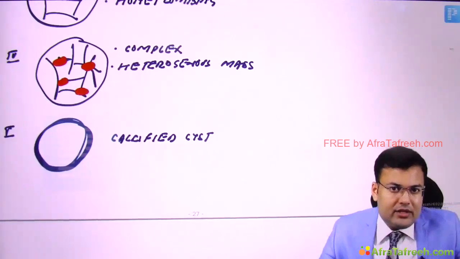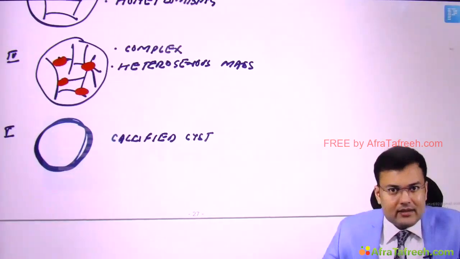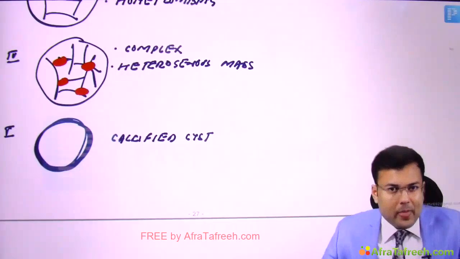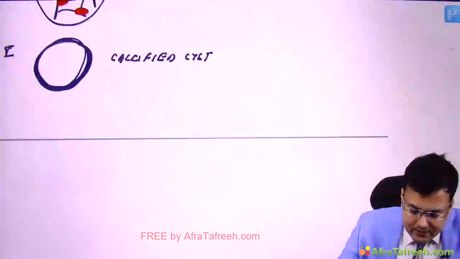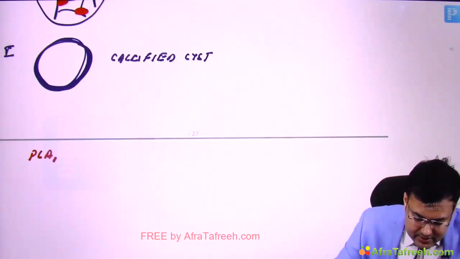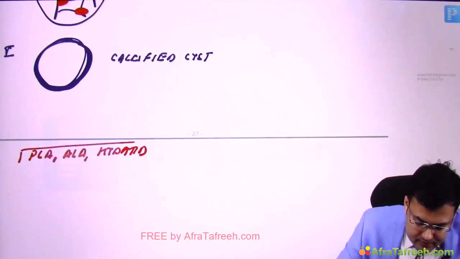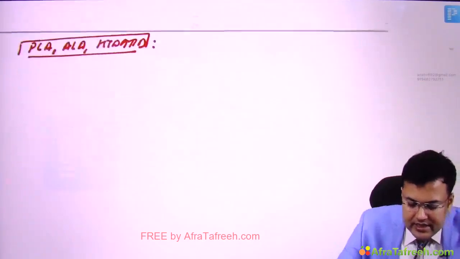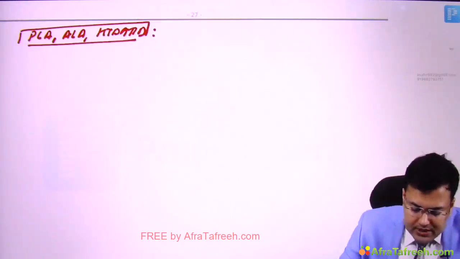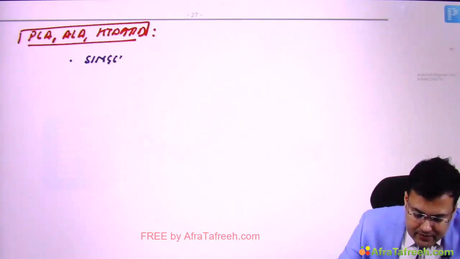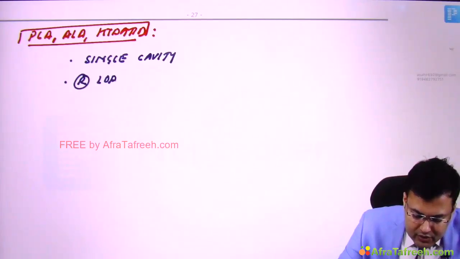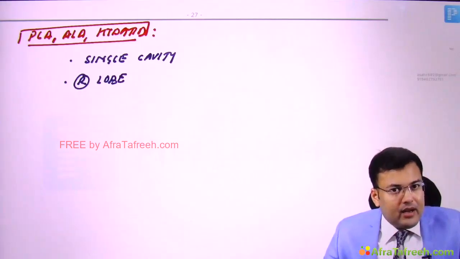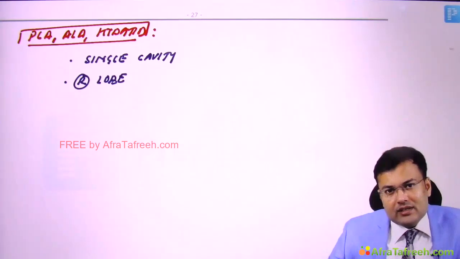Now we discuss 3 situations: amoebic liver abscess, pyogenic liver abscess and hydatid cyst. And there are similarities in these 3. First, in the majority of these cases, most of the patients have a single cavity, and the lobe most commonly involved is the right lobe of liver. And the X-ray changes are similar. What are the similar chest X-ray changes?